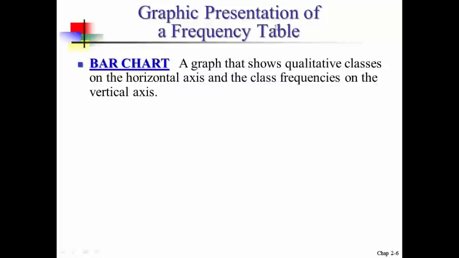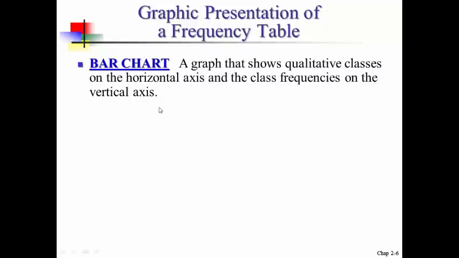Graphic presentation of a frequency table. In order to make a presentation, you need to use a graphic or graph. So what graph can we use for a frequency table? Bar chart. A bar chart is a graph that shows qualitative groups or classes on the horizontal axis. Maybe you know X and Y graph.